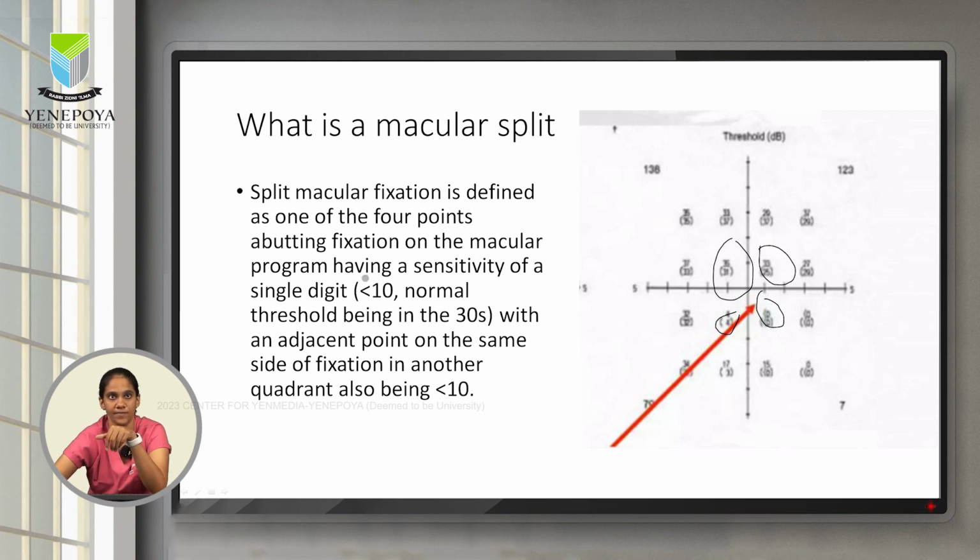Or this is the other one, single digit sensitivity with an adjacent point on the same side less than 10. For example, if this is 0, this is also 0, or if this is 5, this is somewhere around 3, something like that. If such a thing exists, then you should suspect a macular split.